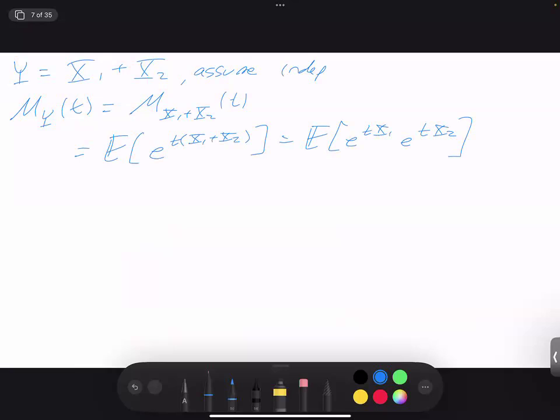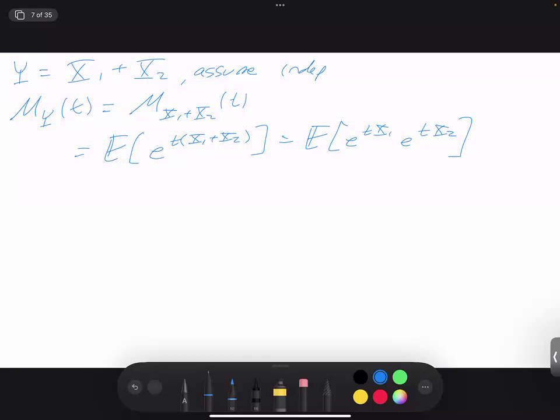If we have independent random variables, what is true about the expected value of a product? It's the product of the expected values. How many of you have seen this before? How many of you have not seen this? If you're ever unsure, what you always do is you just go back to the definition and unwind it.